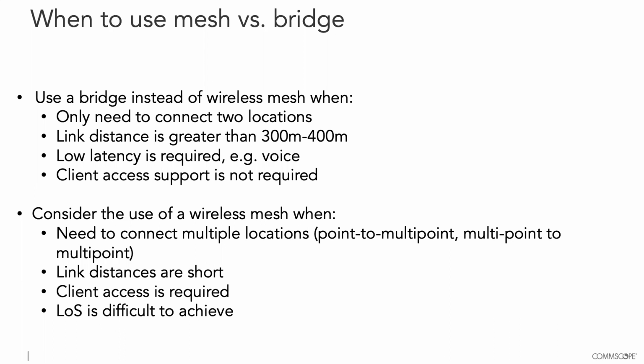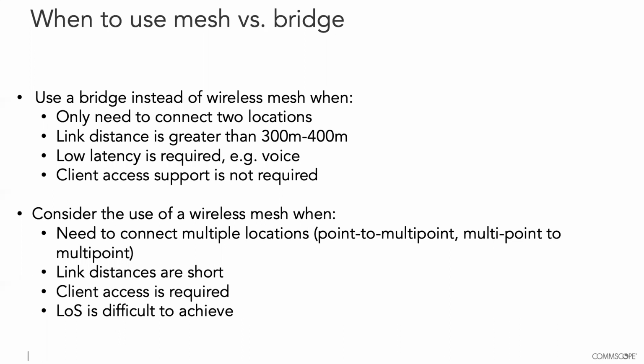Or some of them are available in a point-to-multipoint configuration where I can have one root bridge and multiple other bridges connected to that. So if I only need a point-to-point connection and I only have two locations and it's longer than about 300 or 400 meters, that might be a good use case for a bridge. And a bridge also is typically going to have lower latency than a mesh connection.